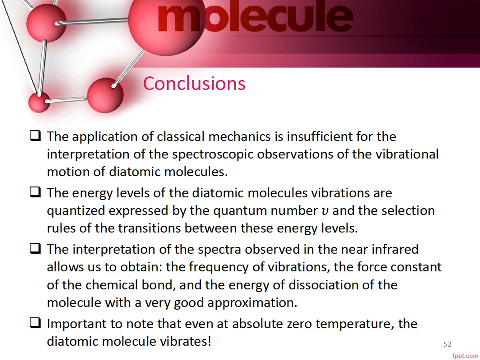We usually have transitions in absorption specifically obeying the difference delta V equal +1, or -1 for emission, and these have the highest probability.